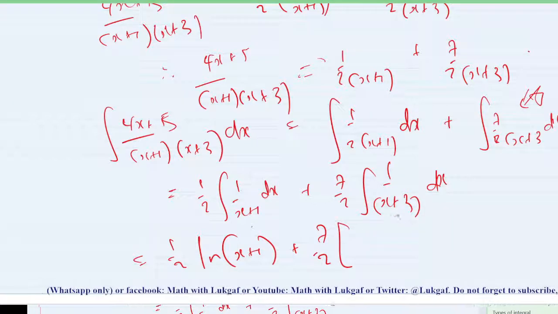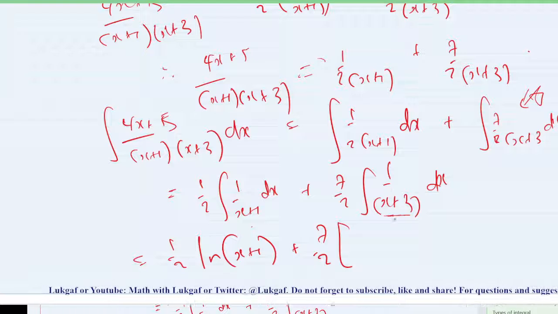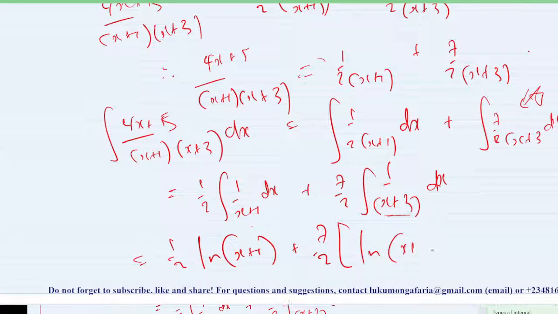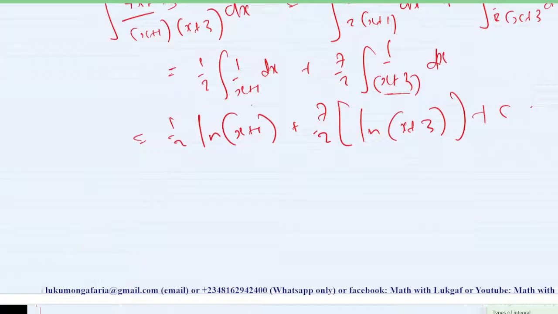Check whether if we differentiate the denominator here again, we are going to have 1. Yes, the derivative of x plus 3 is 1. Then this also gives me 7 over 2 ln of x plus 3 plus c. Can you see now? It is as simple as this.